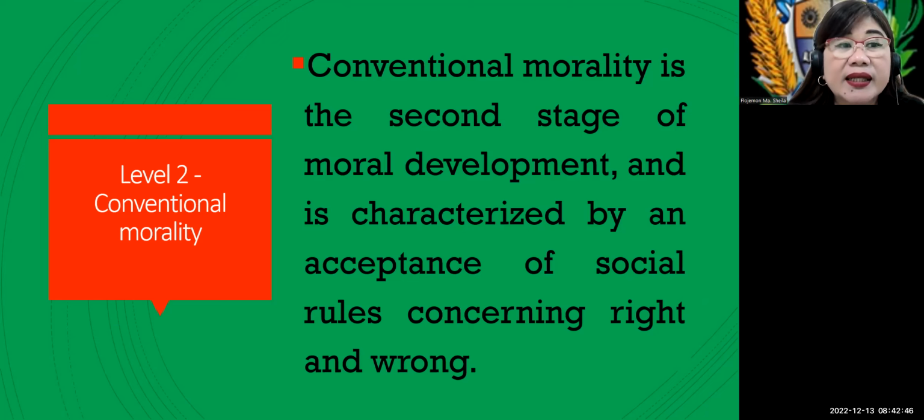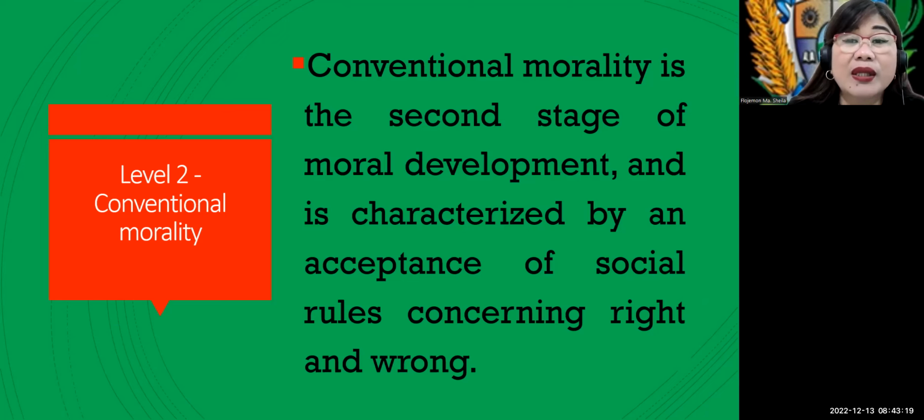Authority is internalized but not questioned, and the reasoning is based on the norms of the group to which the person belongs. Meaning that a social system stresses that the responsibilities of relationships as well as social order are seen as desirable and a must. Therefore, it influences our view of what is right and what is wrong.